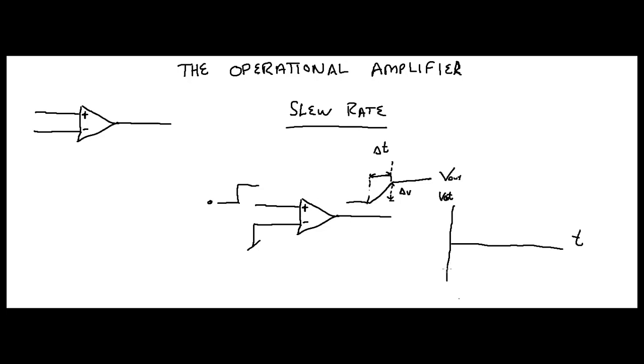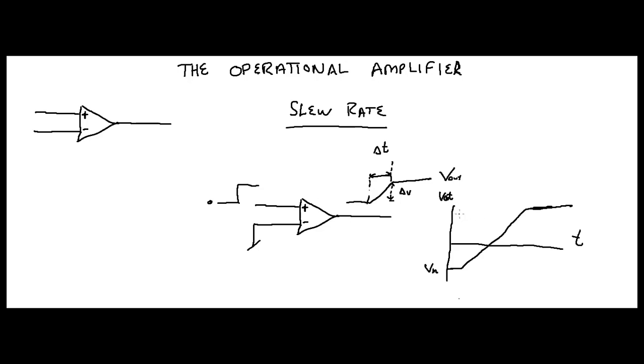And suppose that your V initial, I'm going to call it V initial right here, is at this point, and then at some point the step function comes in, and it's going to start rising. It's going to reach its other voltage, whatever it may be, and then it's going to flatten out.